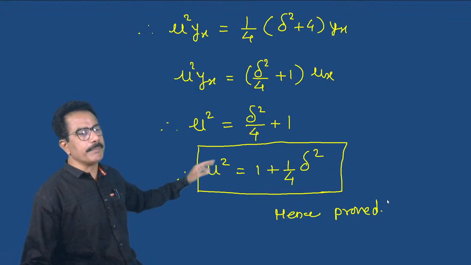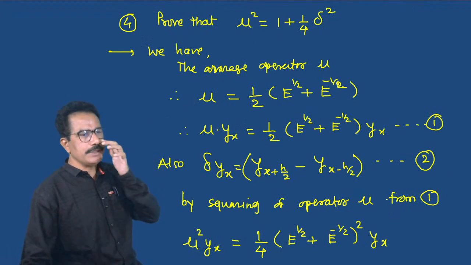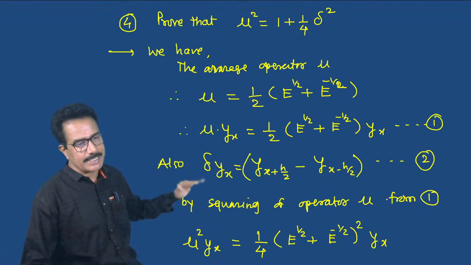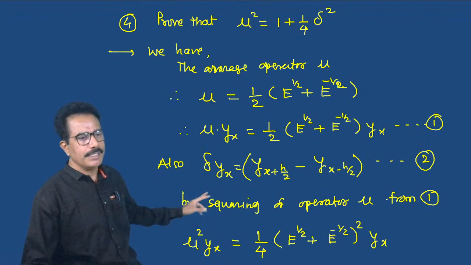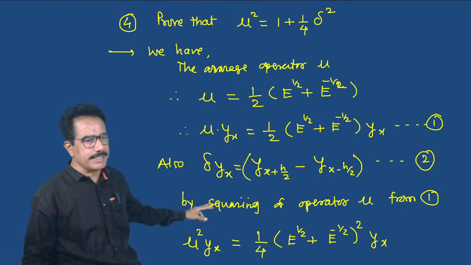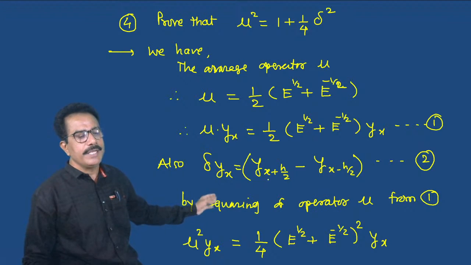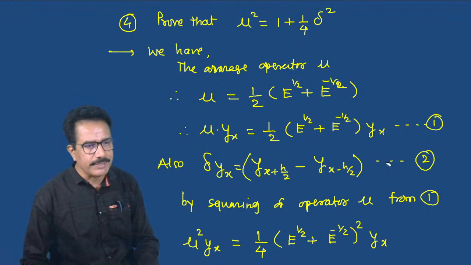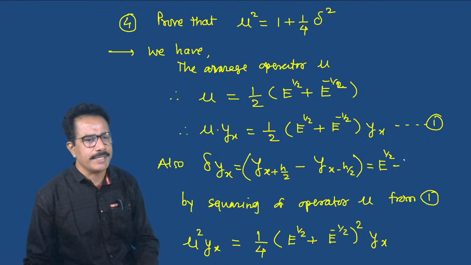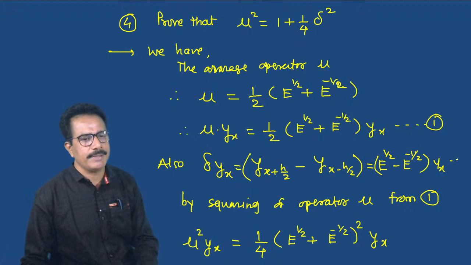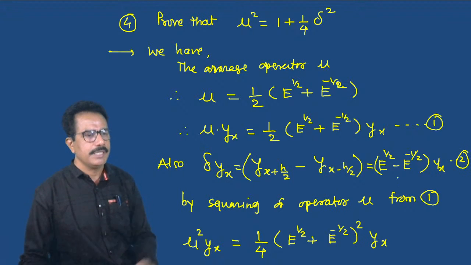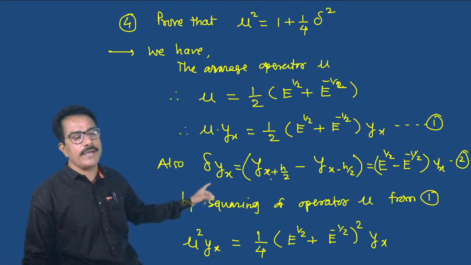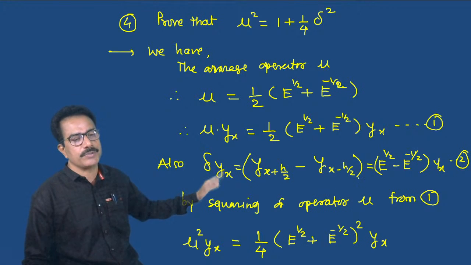अशा पद्धतीने हे प्रूफ कंप्लीट होतं पहा. प्रूव्ह दॅट म्यू स्क्वेअर इज इक्वल्स टू 1 प्लस 1 बाय 4 डेल्टा स्क्वेअर. डेल्टा म्हणजेच काय होतं पहा, ही सी दिस डेल्टा ऑफ वाय एक्स इज इक्वल्स टू वाय ऑफ एक्स प्लस एच बाय 2 वाय ऑफ एक्स मायनस एच बाय 2. म्हणजे यालाच इथं वाटलं तर लिहा तुम्हाला समजण्यासाठी, विच इज इक्वल्स टू e raised to 1 by 2 minus e raised to minus 1 by 2 of yx. याला इक्वेशन द्या सेकंड. सेम आहे पहा, delta of yx means y of x plus h minus y of x minus h by 2.